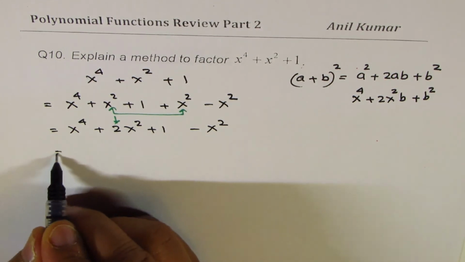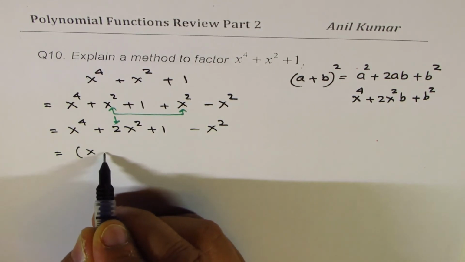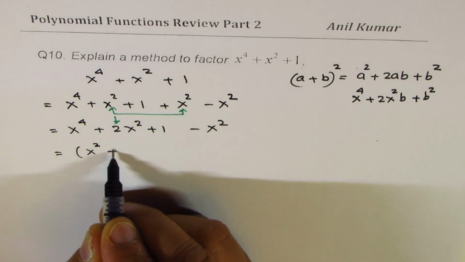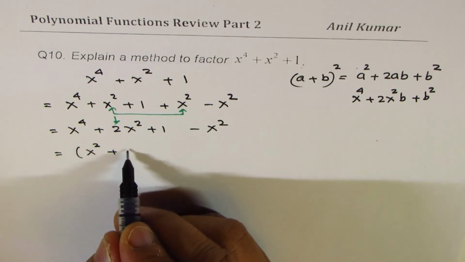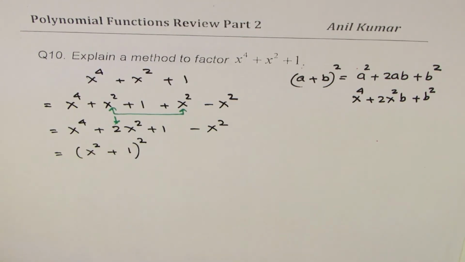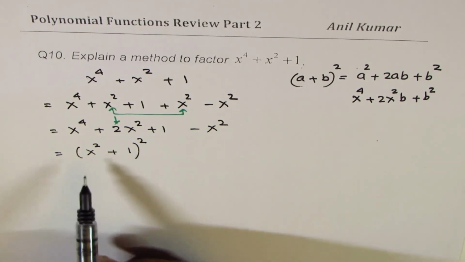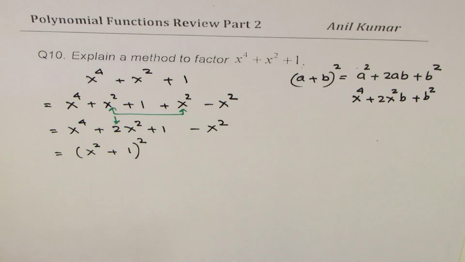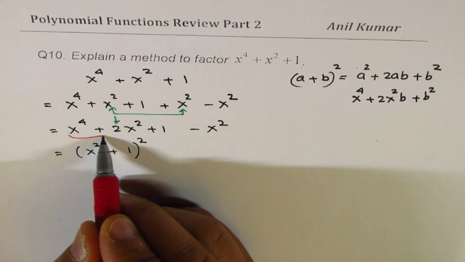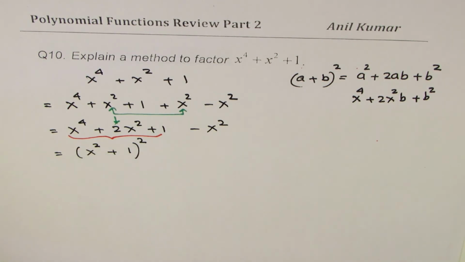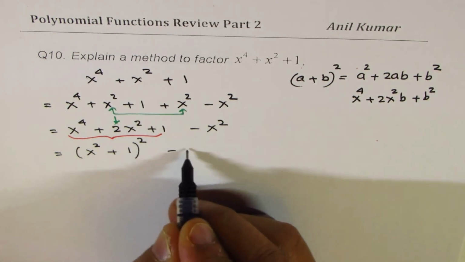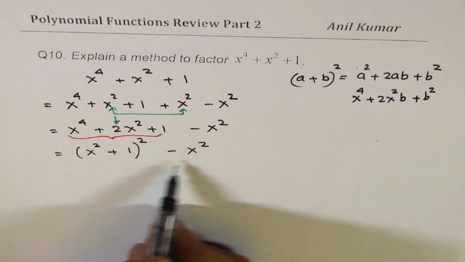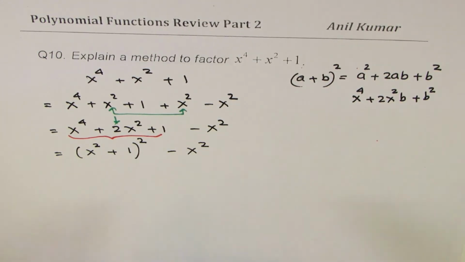These three terms could be written as x square plus 1 whole square, right? If you expand, you get x to the power of 4 plus 2x square plus 1, correct? So these three terms can be written as this, a perfect square, and then we have x square. Now we could adopt difference of squares, right?